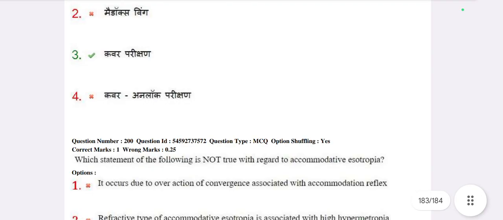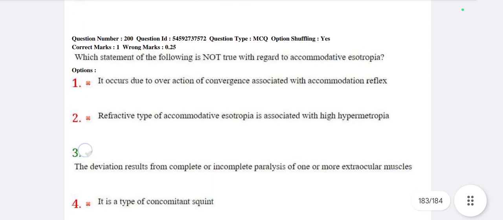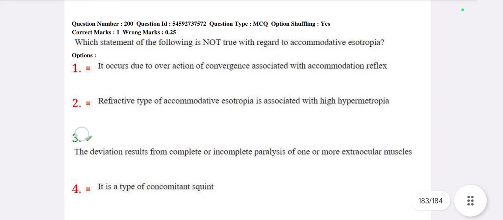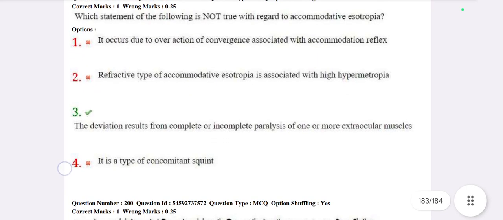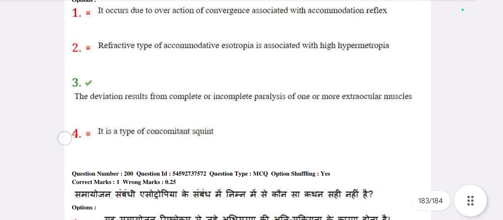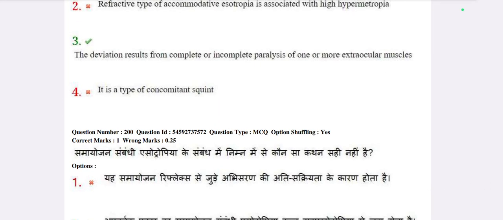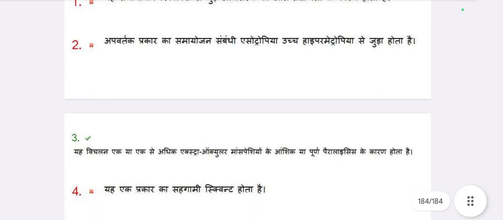Our next question is, which of the following is not true regarding accommodative esotropia? Our correct answer is, the deviation results from complete or incomplete paralysis of one or more extraocular muscles. Third option is correct.